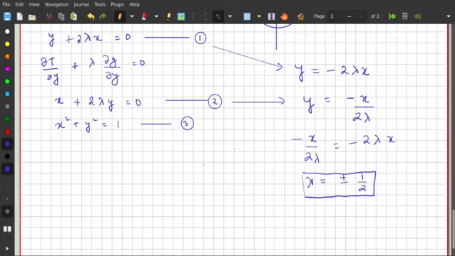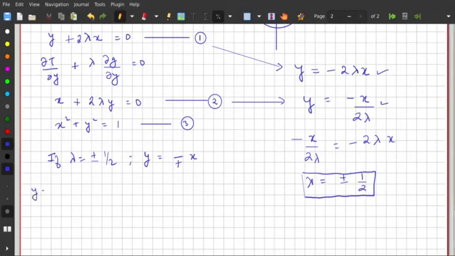If lambda is plus or minus half and you substitute it back, if lambda is plus half we get y equals minus x, and if lambda is minus half this becomes plus, so y equals x.